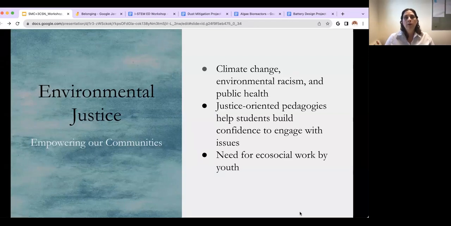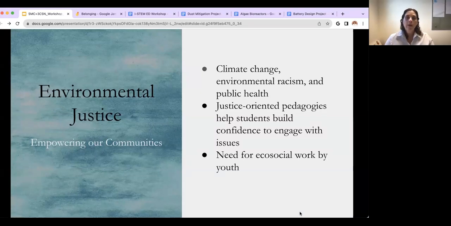We've also learned through the literature that often when we approach environmental justice issues from the framework of fear or with a sort of a crisis mentality, then what could happen is it actually shuts students down, and they become disengaged from the material or the topics. They become anxious. They become even depressed.